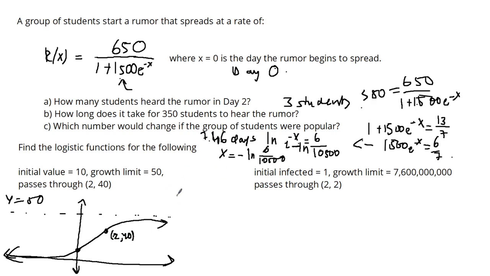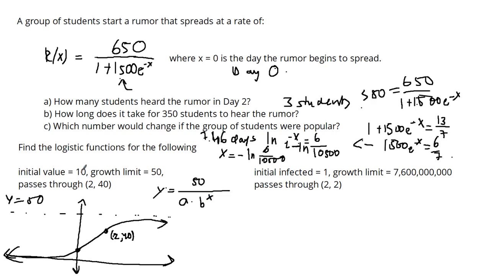So we can just put our y is equal to our growth limit's 50, so 50 over, and then initial value is 10. So our initial value is 10, so we have to have a times b to the x, right?